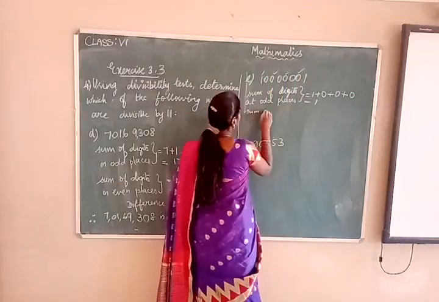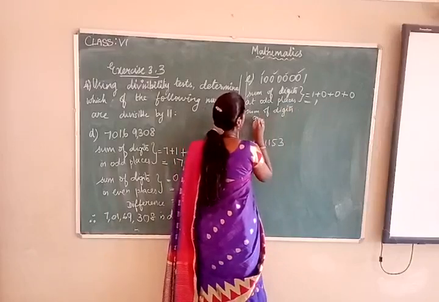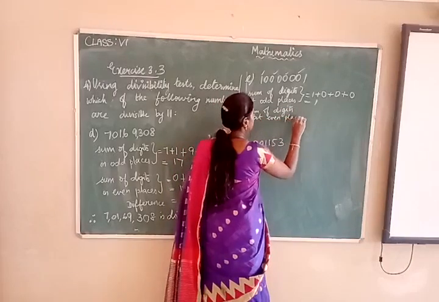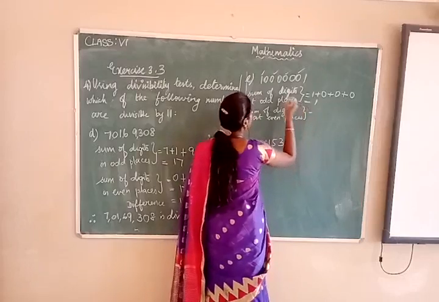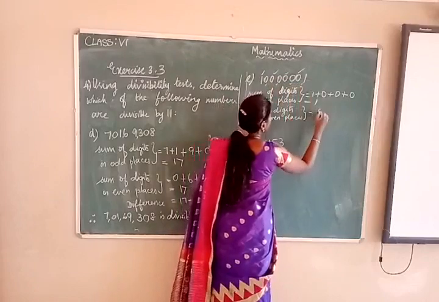Sum of digits at even places. So what is that? 0 plus 0 plus 0 plus 1. Okay.